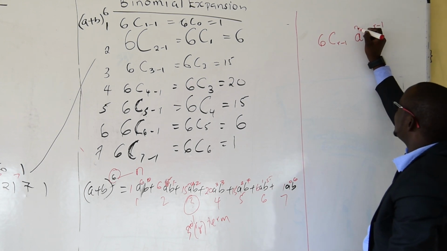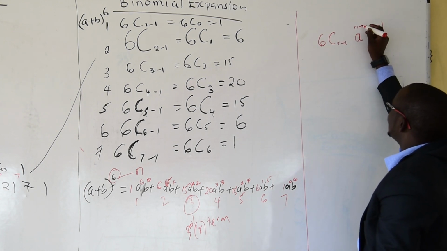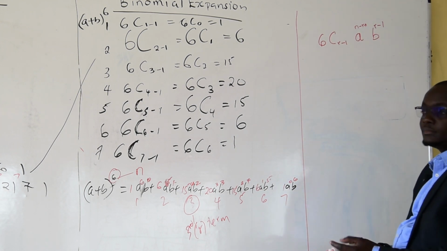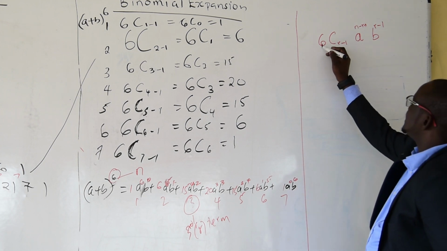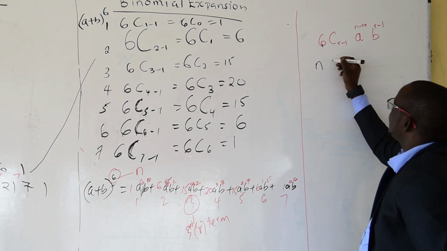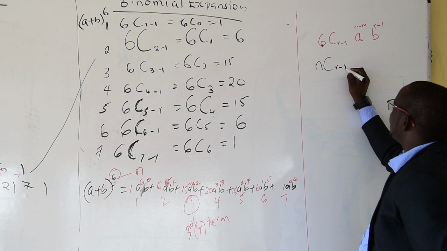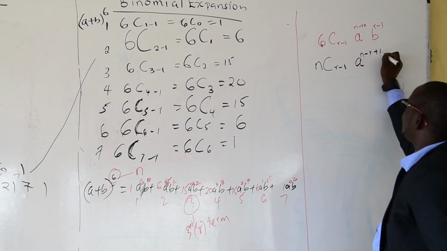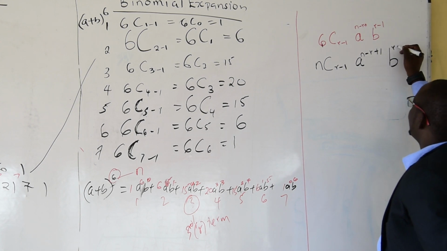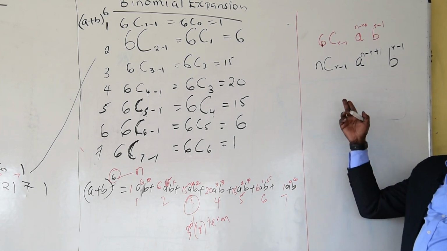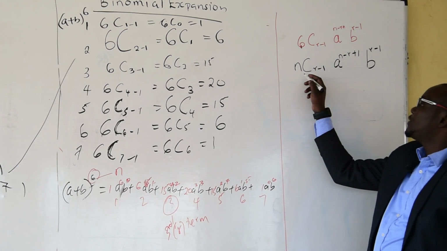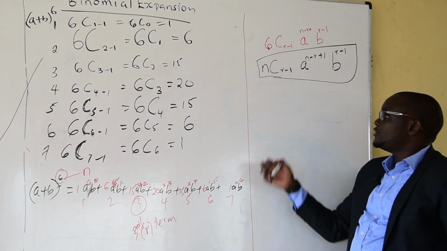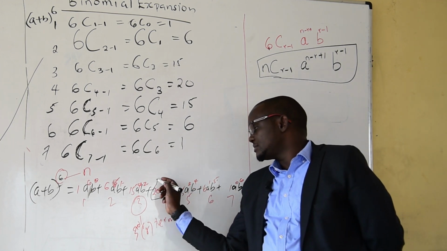Then a has the power n, which is 6, minus (r minus 1). This changes to positive. So that means I can now relate this to nC(r-1) a^(n-r+1) b^(r-1). No matter the term you want to find, this is the formula that you shall use, and you're able to get a complete term like this.